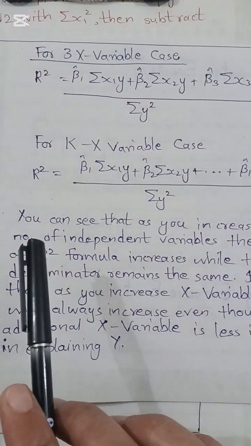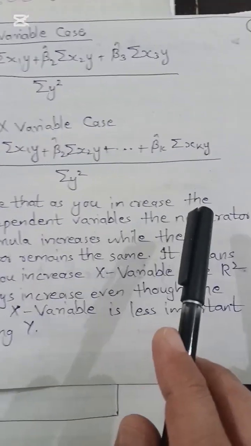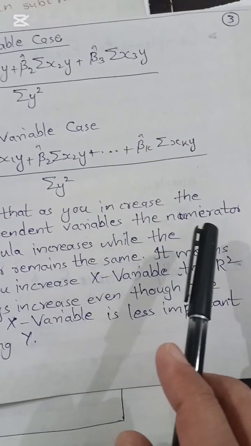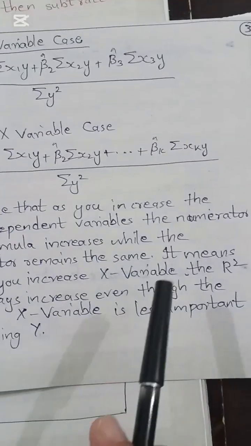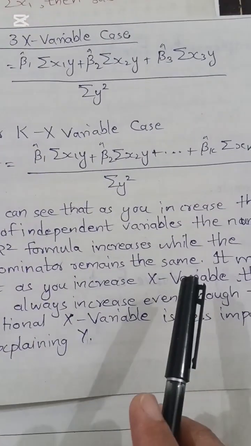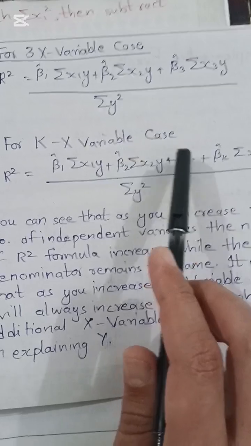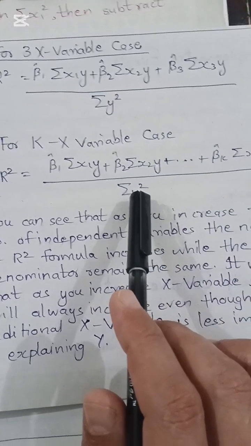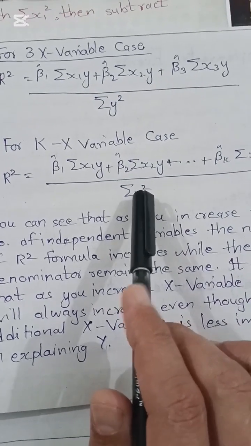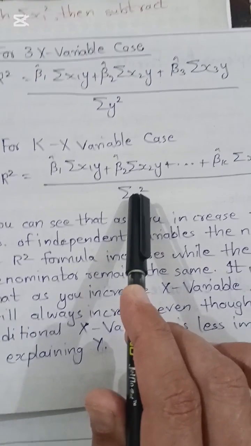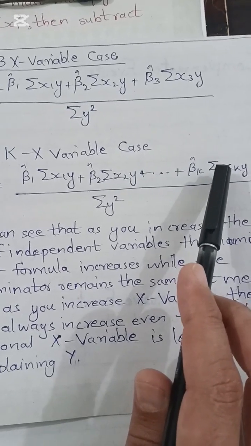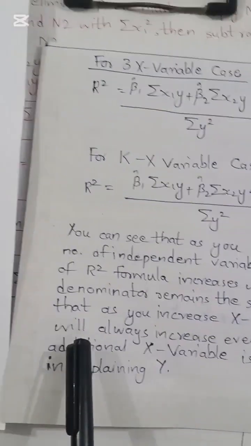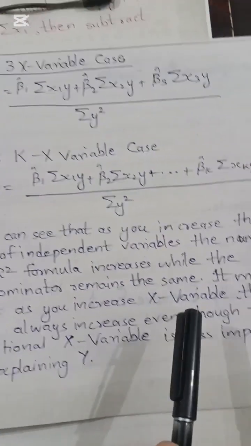As you increase the number of independent variables, the numerator of R square formula increases, while the denominator remains the same, because we are increasing our independent variables while the dependent variable is the same, only one dependent variable. That's why the denominator will not change, only the numerator value will change as we increase the number of x variables.